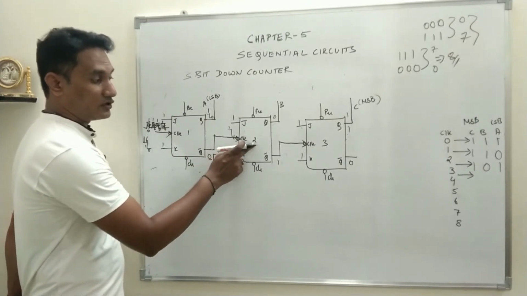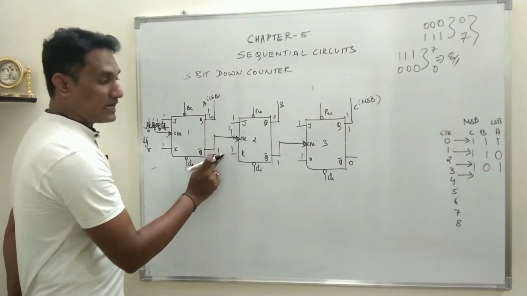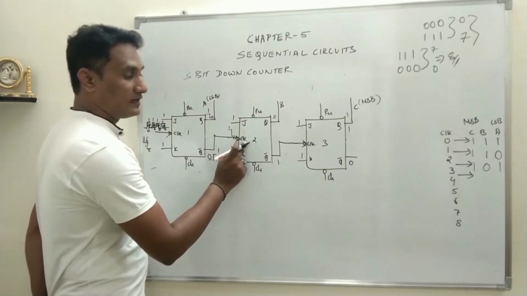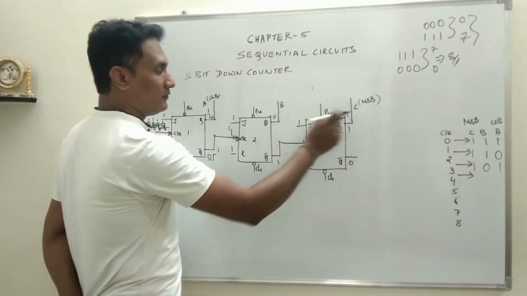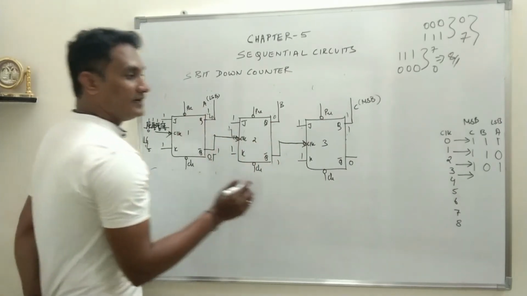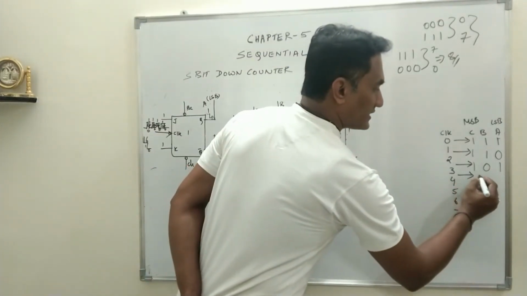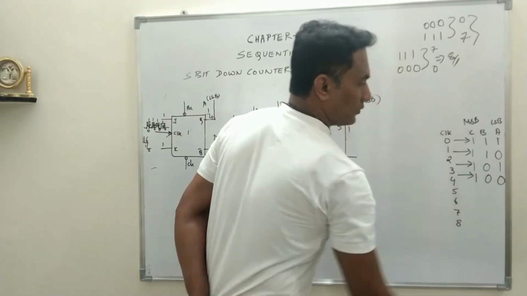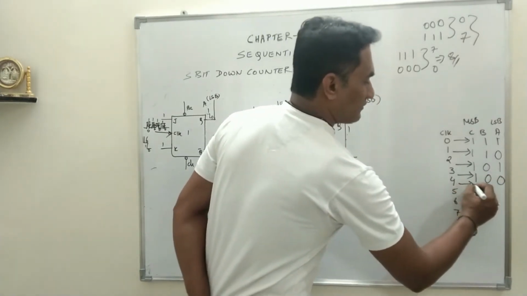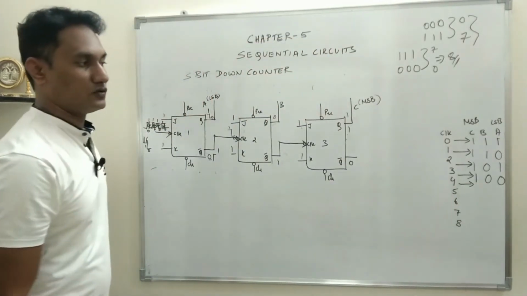Will that have any effect on 2? The clock pulse does not match. Flip-flop 2 doesn't get triggered. So 2 will remain as it is, 3 will remain as it is. That means B will be 0, C will be 1, but A will go from 1 to 0. So at the end of the third clock pulse, the state is 1 0 0.